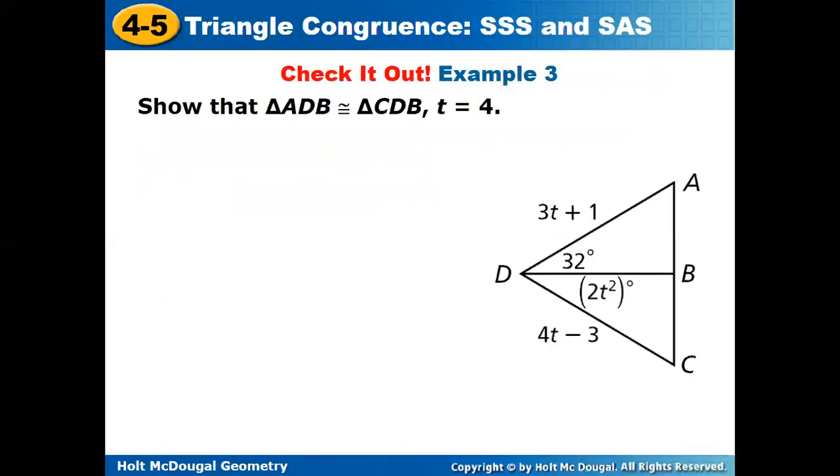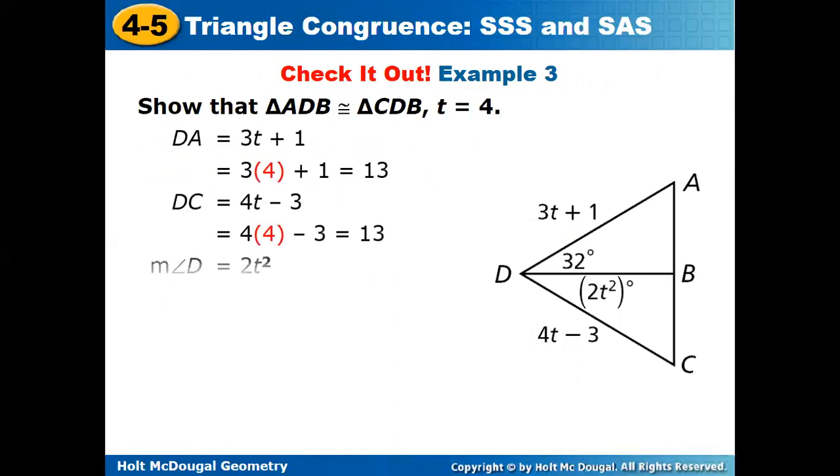Check out example 3. Show that triangle ADB is congruent to triangle CDB when t equals 4. Here we will substitute the value of t to find the lengths of DA and DC and the measure of angle BDC. Firstly, we will start with DA. We substitute t equals 4, so it will be 3 times 4 equals 12, plus 1.